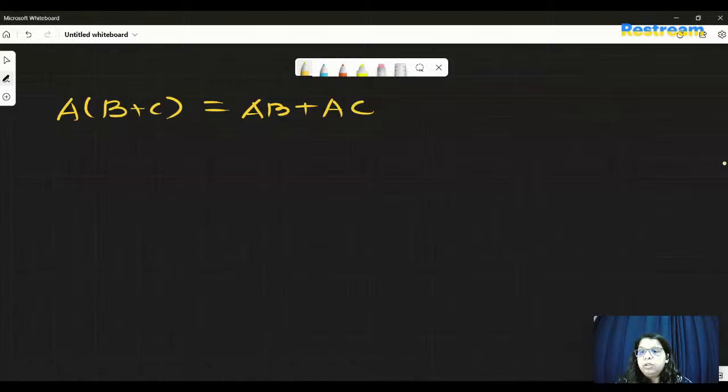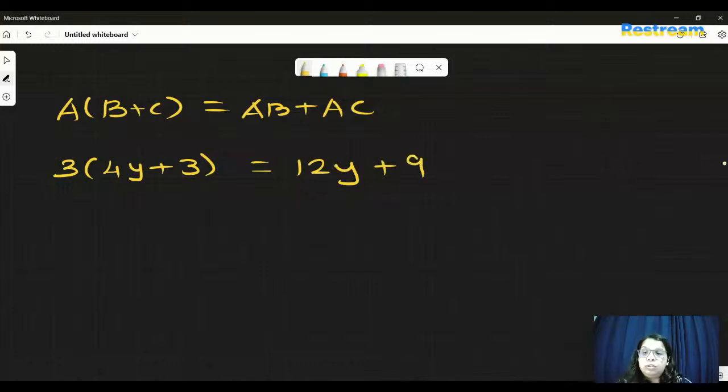So the same goes for algebra also. 3 into bracket 4y plus 3 is equal to 12y plus 9. So 3 is multiplied to both the terms. Always. So whenever you have a number or a variable outside the bracket, when you open the bracket, that variable or number is multiplied with each and every term inside the bracket along with the sign.